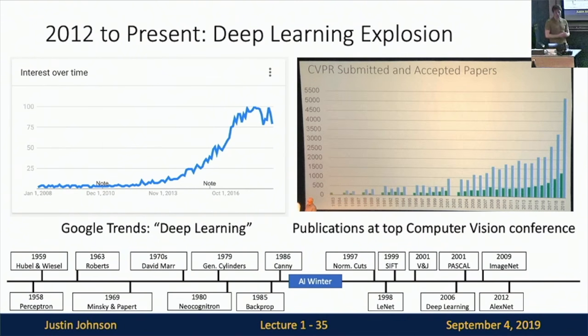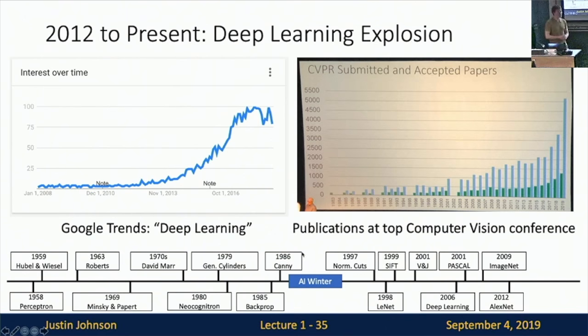So here on the left, we have the Google Trends for deep learning. That shows you this massive sort of exponential growth that really took off starting in 2012. And on the right, this is a photo I took at the Computer Vision and Pattern Recognition Conference this summer in 2019. This is one of the premier venues for academic publications in computer vision. And here is a graph that they were showing at the keynote for that conference, where they showed on the x-axis the year of the conference, and on the y-axis the number of submitted and accepted papers in this conference.